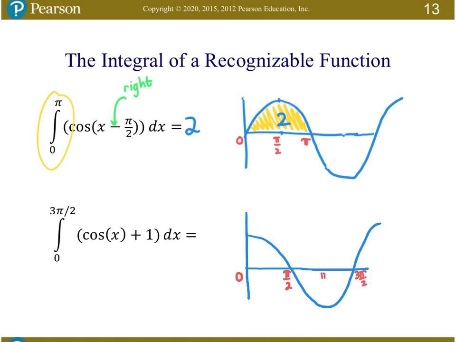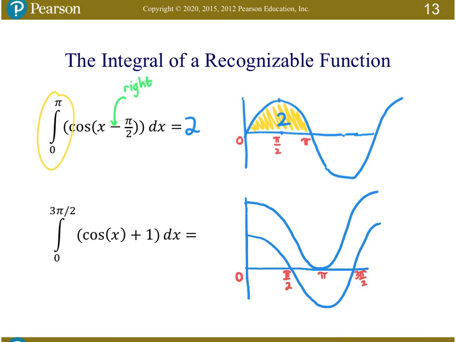Okay, pi is right here in the center. So what if I move this shape up 1? All right, well, if I do that, it's going to come down and hit at pi and then be up here.